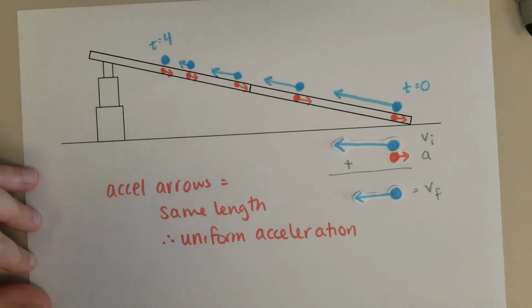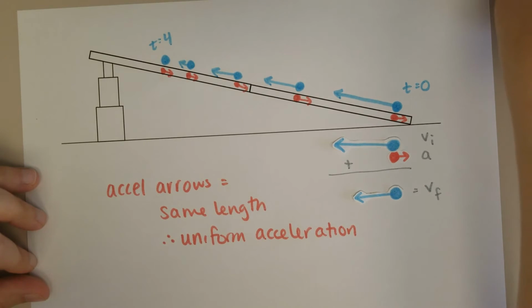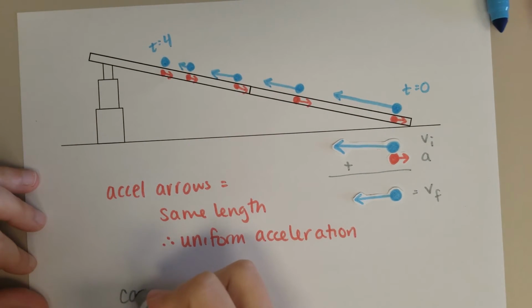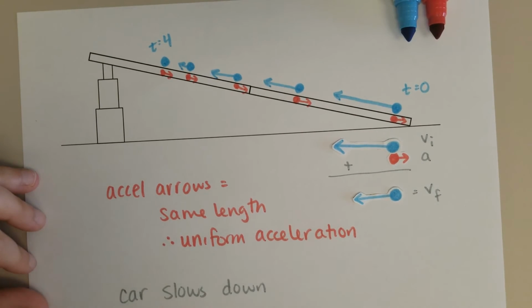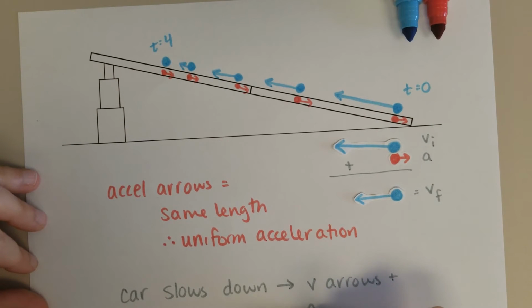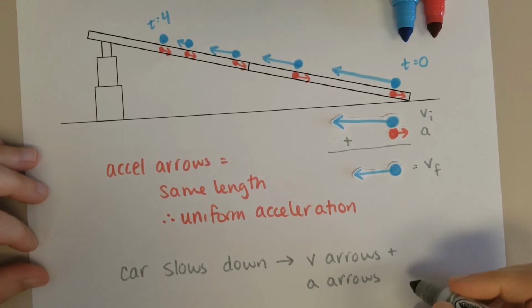And we also see something interesting, that my car slows down, and there's one important detail that tells us the car slows down. The velocity and the acceleration arrows point in opposite directions.